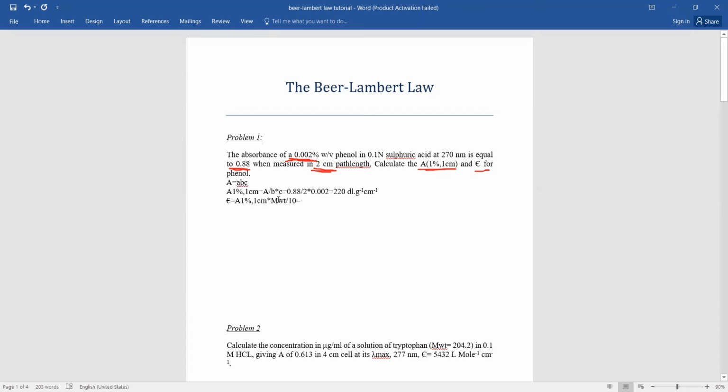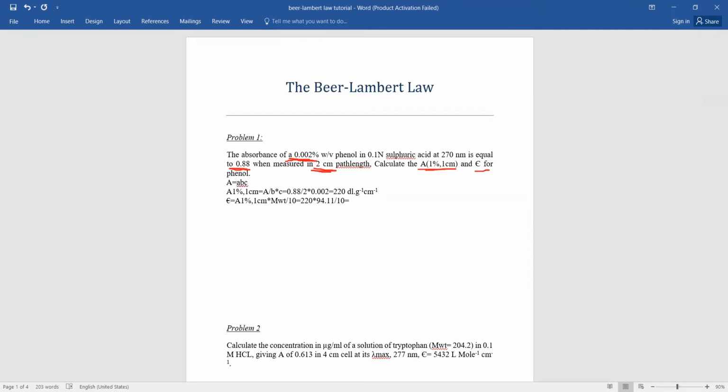Here, the A1% 1 centimeter, we got it from the previous step, which is 220, times the molecular weight. It's given that it's 94.11. This is the molecular weight for the phenol, divided by 10.